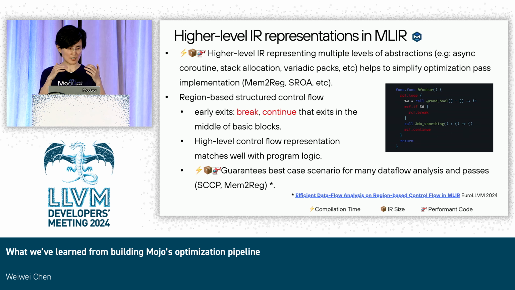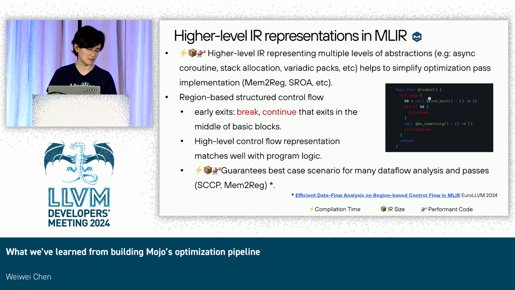At the MLIR level, we also have a region-based structured control flow representation, which is different from the generic CFG that we usually have in LLVM IR or generic MLIR, where you have straight-line code in basic blocks and just branches at the end of the basic block.